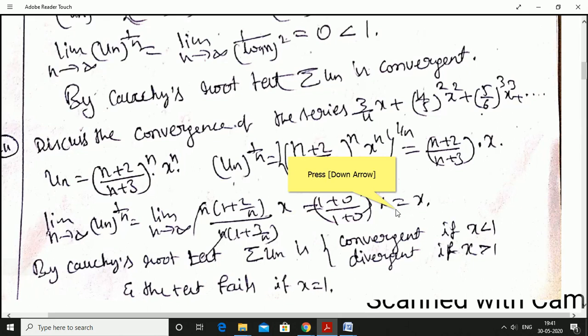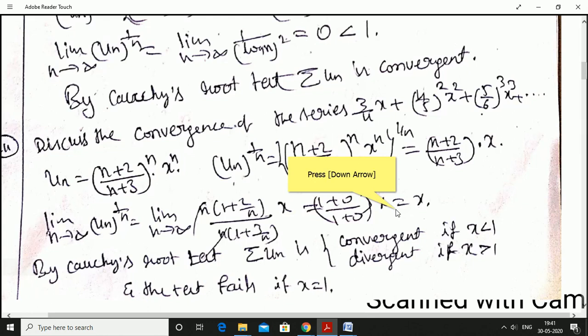Similarly in the denominator also, 3 by infinity is 0, 0 plus 1 is 1. 1 by 1 is 1, into x, that is equal to x. Hence by Cauchy's root test, sigma un is convergent if x less than 1, divergent if x greater than 1, and the test fails if x is equal to 1.